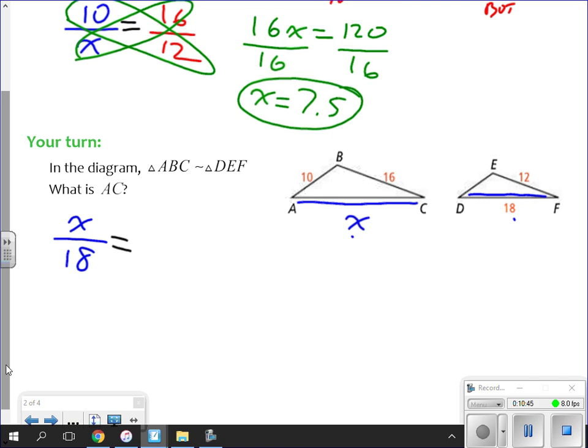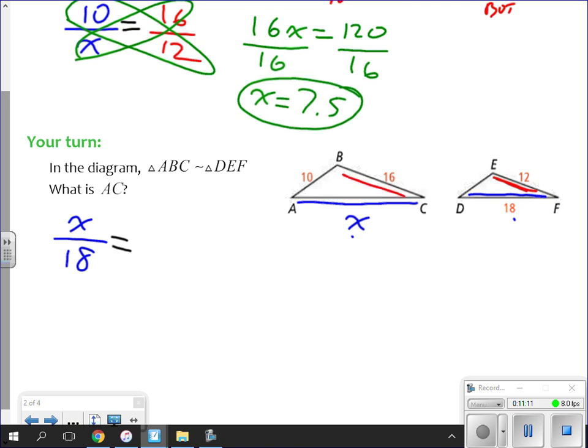equals. And now I want to do the same thing with two other sides in the triangle. So I can't use these two again. I've got to use two other corresponding sides. Well, in this triangle, this is the only length I have. Here's that one, EF. Which one corresponds with EF in the first triangle? Which one lines up with it?